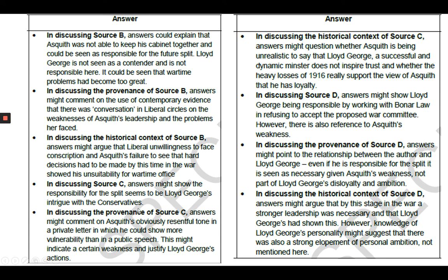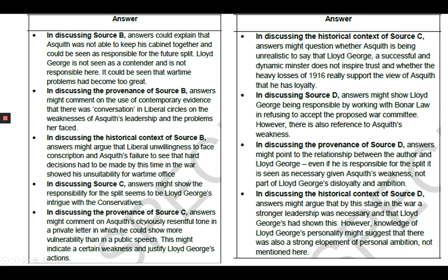In discussing the provenance of source C, answers might comment on Asquith's obviously resentful tone in a private letter, the source was a private letter, in which he could show more vulnerability than a public speech. In discussing the provenance of source D, answers might point to the relationship between the author, who Lloyd George was having an affair with and later married, and Lloyd George. Even if he is responsible for the split, it is seen as necessary given Asquith's weakness.